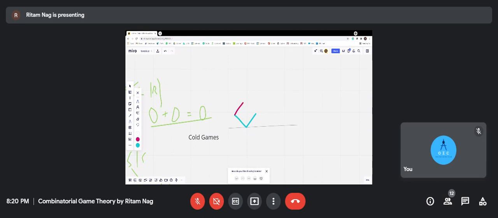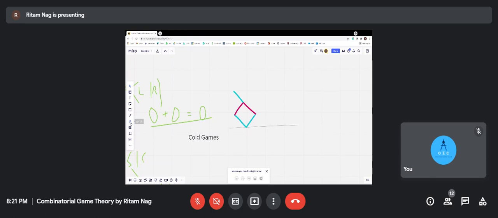You can have a general graph where the edges are colored red and blue, something like this, for example. It's a graph with edges colored red and blue, and some nodes of the graph lie on the floor.